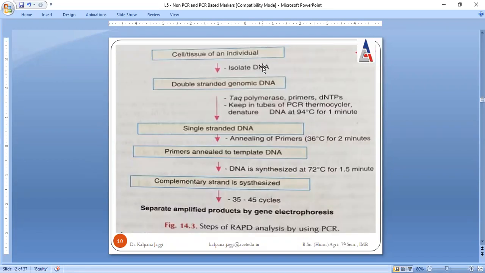Here, if you visualize, the double-stranded DNA is denatured. And this is the principle of PCR, where we follow denaturation, then annealing, and then extension.